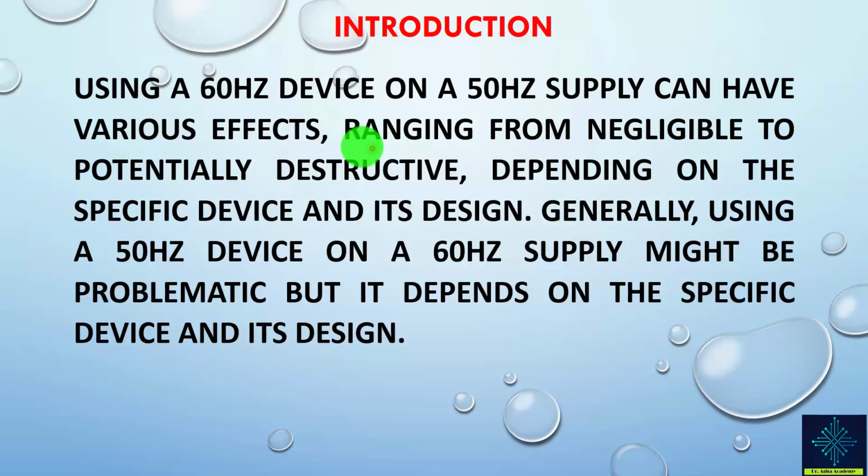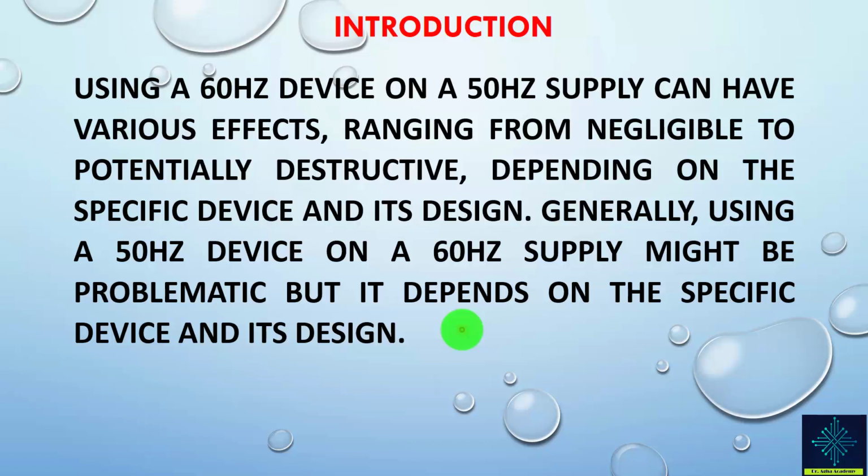The various effects can range from negligible to potentially destructive if we use a 60 Hz device on a 50 Hz system, depending on the specific device and its design. So it depends. Generally, using a 50 Hz device on a 60 Hz supply might be problematic, but also depends on the specific device and its design.